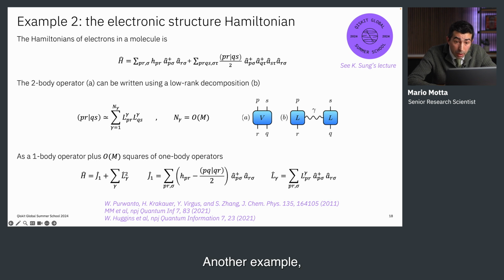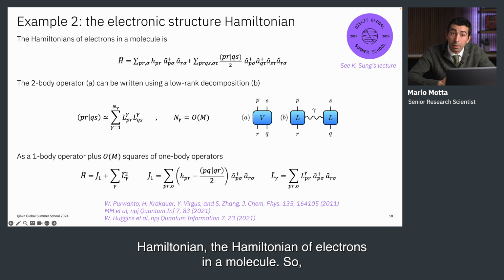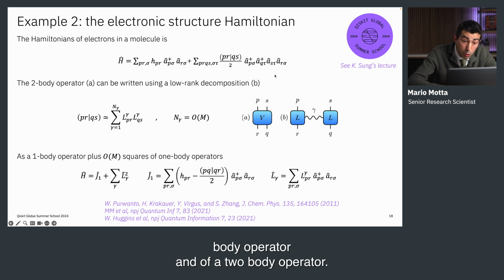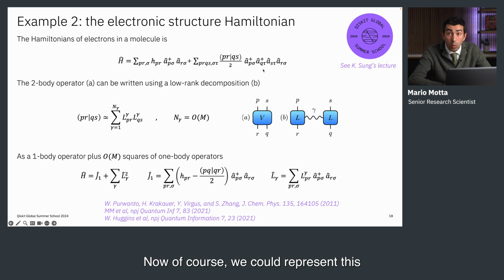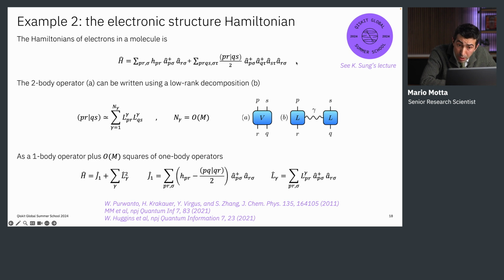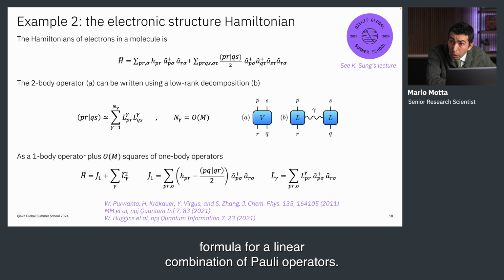Another example, again connected to Kevin Sung's lecture, is that of the electronic structure Hamiltonian, the Hamiltonian of electrons in molecules. The electronic structure Hamiltonian is the sum of a one-body operator and of a two-body operator. Now, of course, we could represent this Hamiltonian as a linear combination of Pauli operators and then simulate its dynamics with a product formula for a linear combination of Pauli operators.